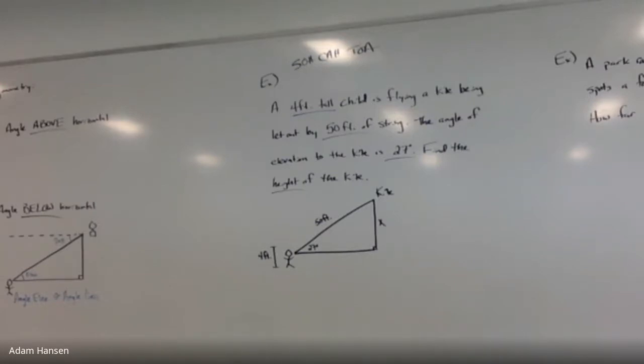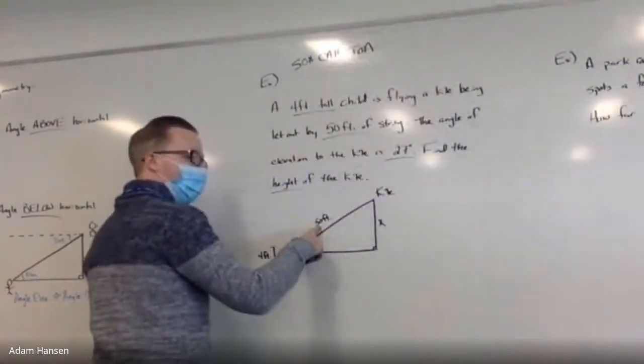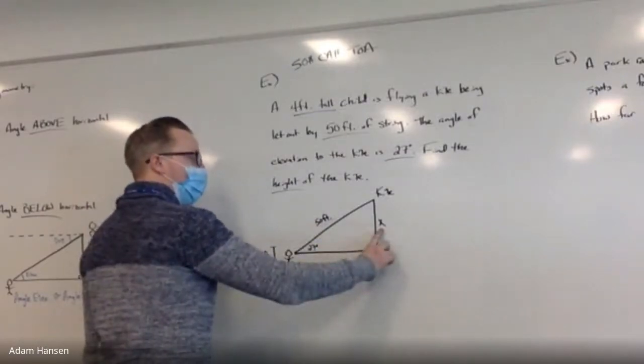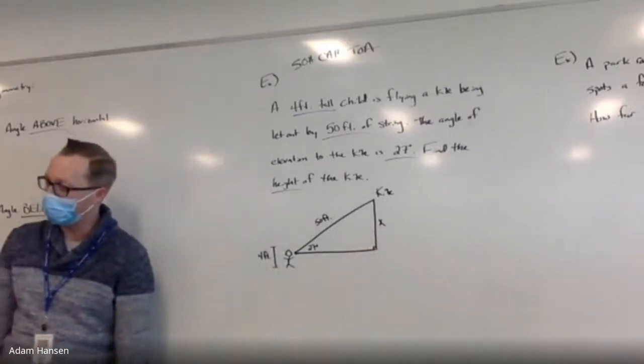Based off of this triangle, I'm going to use SOHCAHTOA to find that missing link, the height of the kite above the person. Would I use sine, cosine, or tangent? What do you think? This 50 feet, is that the opposite, the adjacent, or the hypotenuse? And this side labeled x, the height of the kite, that would be which side? Opposite.